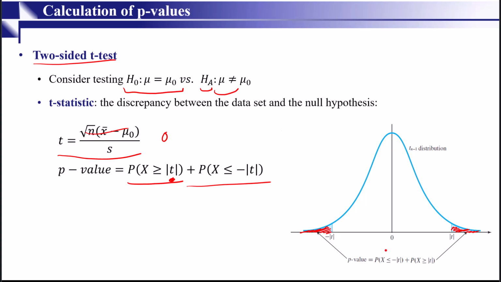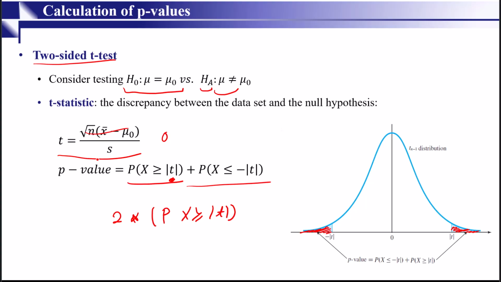So in this figure, we can see the p-value for a two-sided test. Because it is symmetric, we can rewrite the p-value as 2 times the probability of x greater than or equal to the absolute value of t. So once again, in order to calculate a p-value for a two-sided t-test, we use a t-statistic.